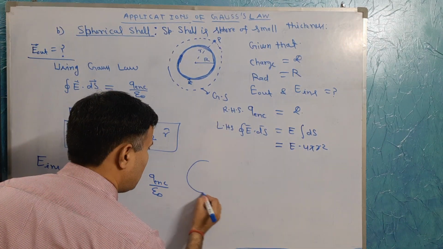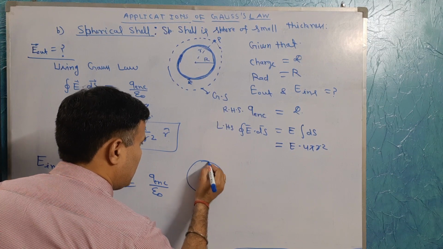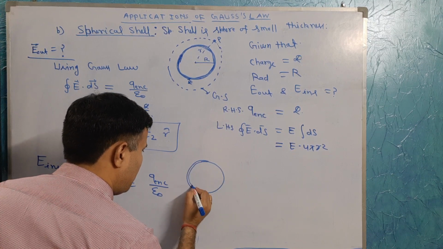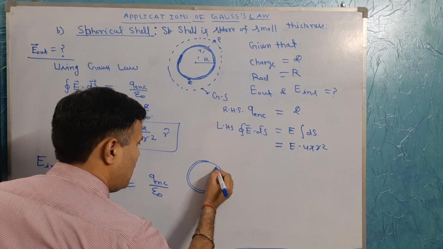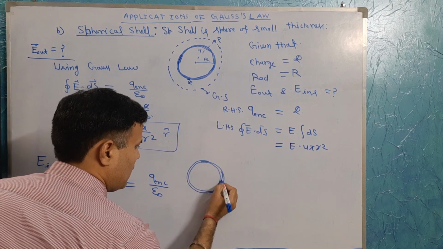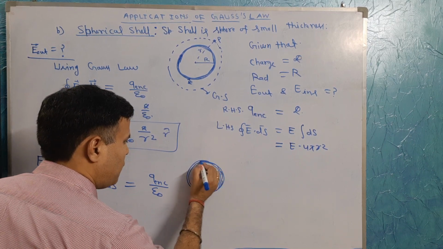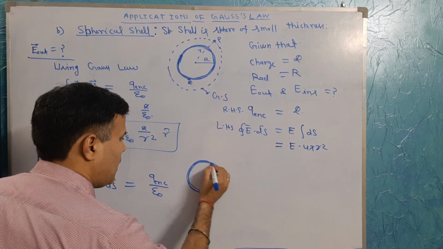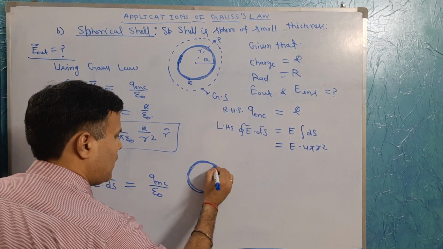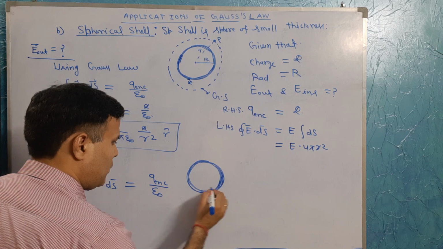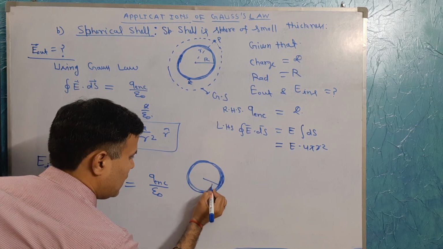So this is the spherical shell. In the earlier case we found the electric field profile due to this spherical shell at any point P which is outside. In this case we have to find the electric field inside.